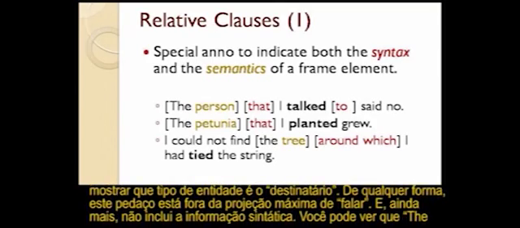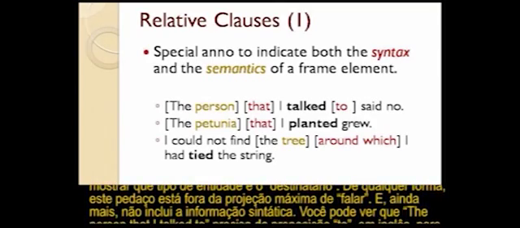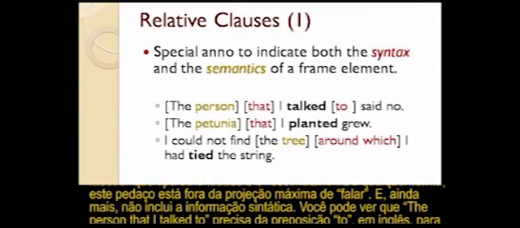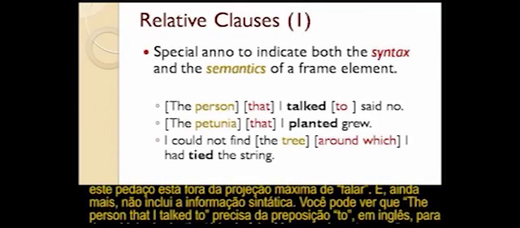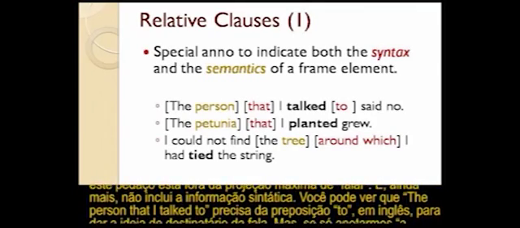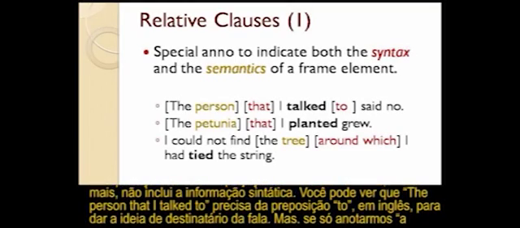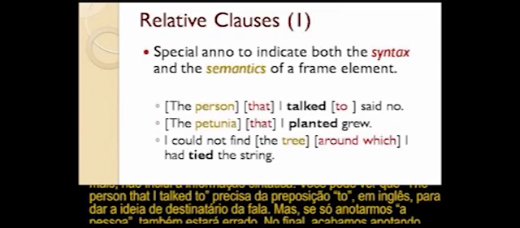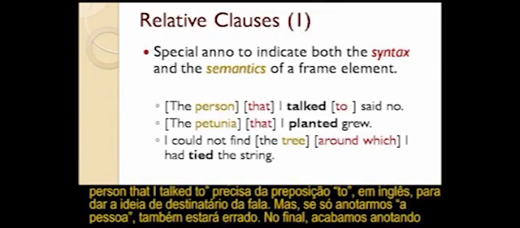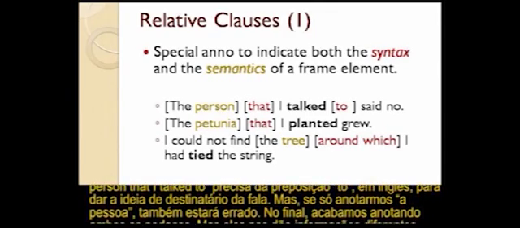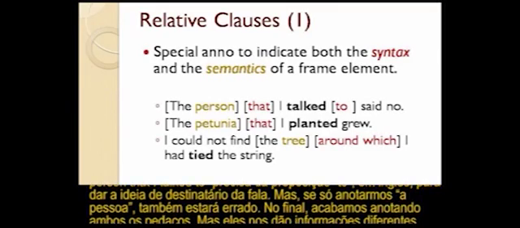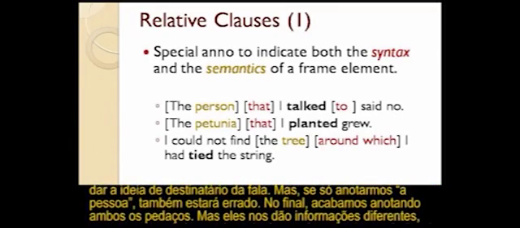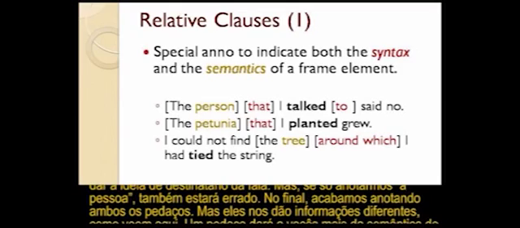However, this piece is outside the maximal projection of talk, and furthermore, it doesn't even include the syntactic information. You need this preposition to in English in order to introduce the addressee with talk. And if you just annotated person, that would also be wrong.